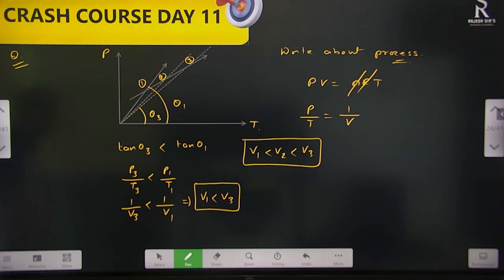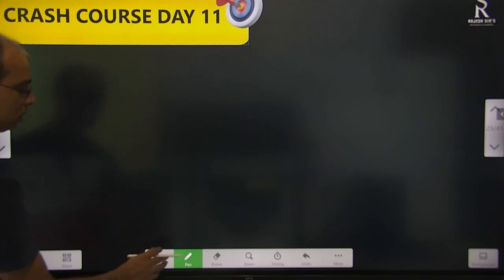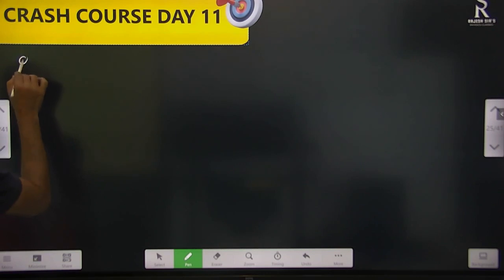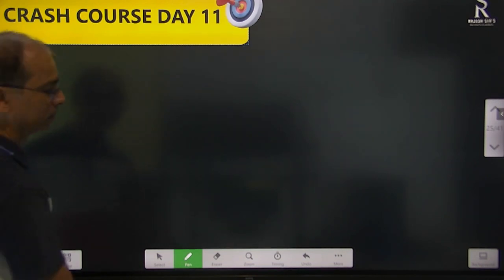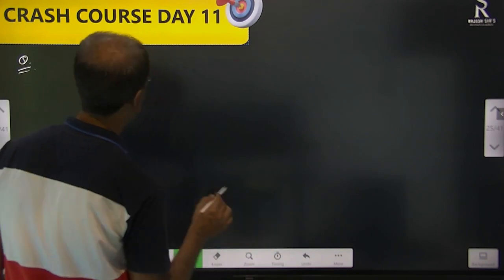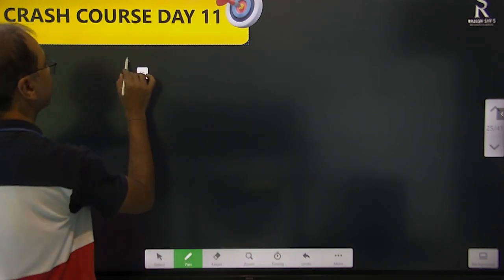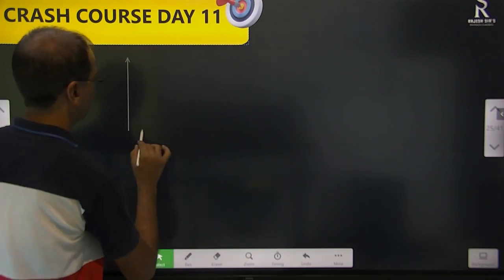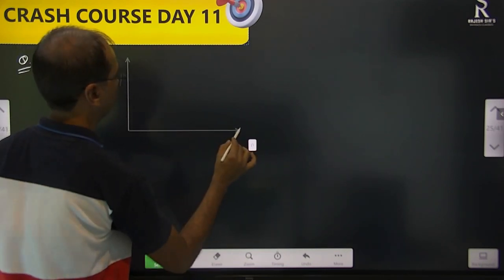Okay, alright, let's do a few more. At least the graph thing should be over. So, one more question. Okay, a PV graph we'll have this time. Here it is, the PV graph.